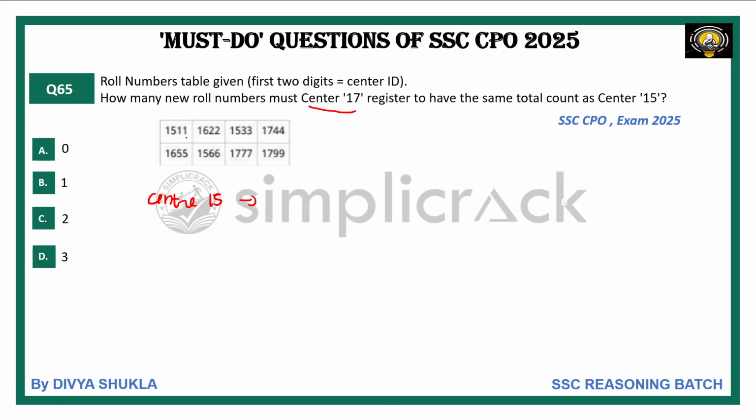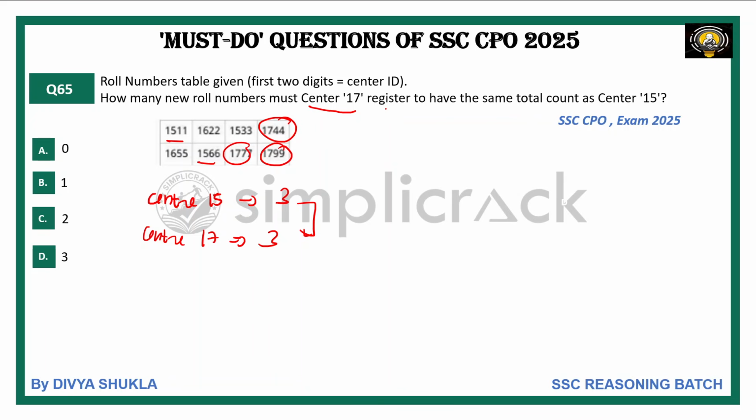So you are having 1511, 1566 and 1533. And center 17 is also having 3. Understand, center 15 is having 3 and center 17 is also having 3. That means it is having the same number.